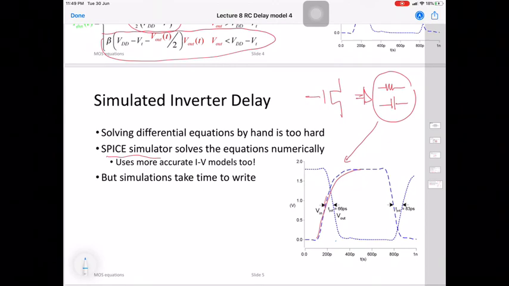The output only comes out at a later point, so there is actually a difference here. This delta t, or the delay between the input and the output, is known as tau, right? And tau is related to R and C of the transistor.